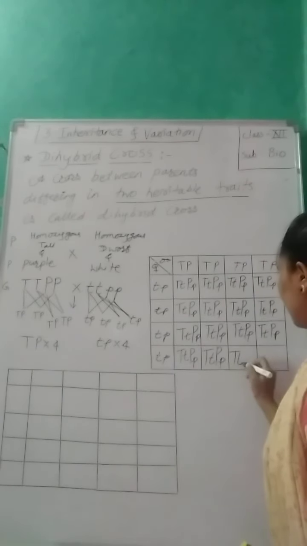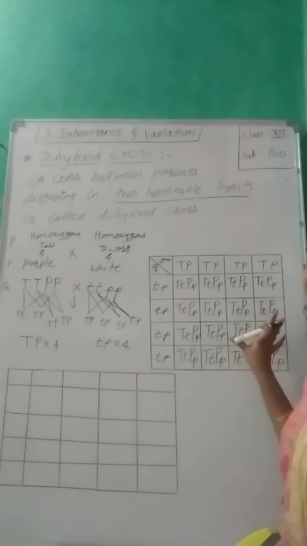Okay, T, P, P, capital P and dwarf. So like that we got all the characters or all the genotypes here as dominant, means everyone is having tallness and purpleness. Each Punnett square is having this tallness and purpleness.